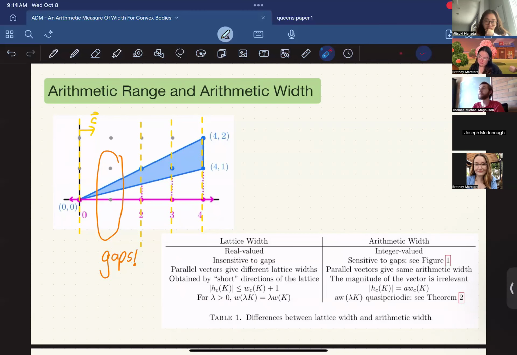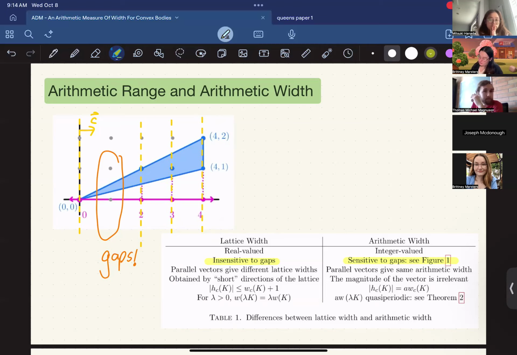And if you're familiar with lattice width, you might for a second think, okay, these are very, very similar objects, and they are, but we have a couple of key differences, right? And the one I want to highlight is mostly just here, right? Lattice width does not pick up on this gap behavior, but our arithmetic width is going to pick up on this gap behavior, okay?